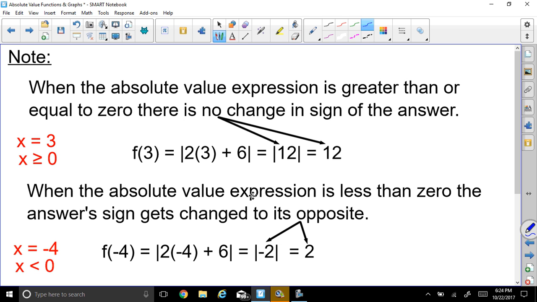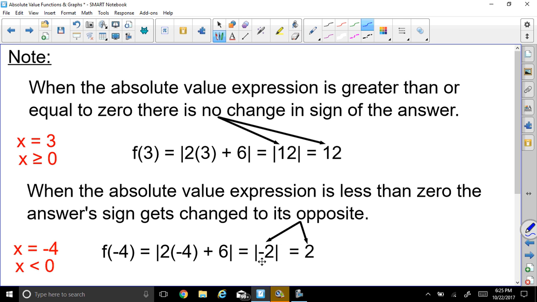But when the absolute value expression is less than 0, we're talking about negative numbers, and the answer's sign gets changed to its opposite. So when we start out with x equal to negative 4, f of negative 4 is equal to, when we substitute in here, 2 times negative 4 is negative 8, plus 6 will give us negative 2.